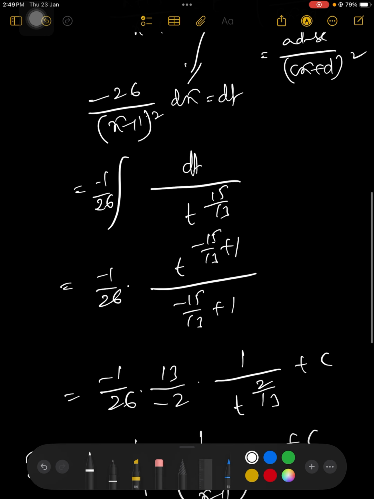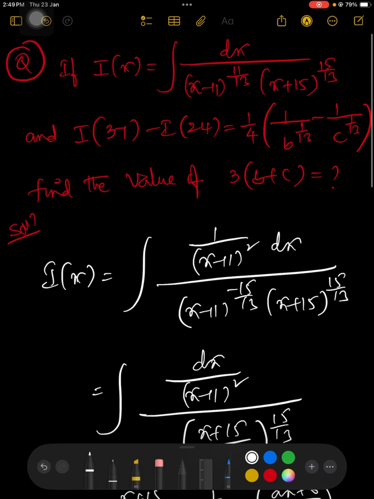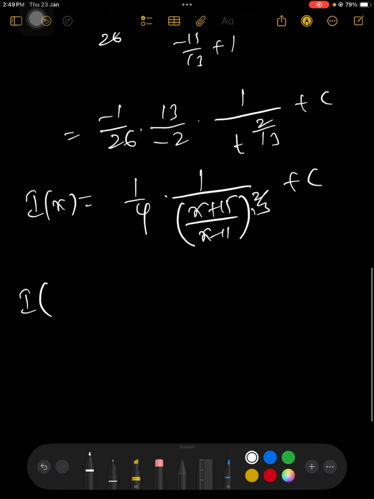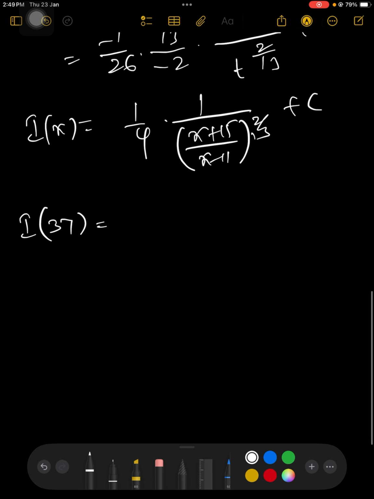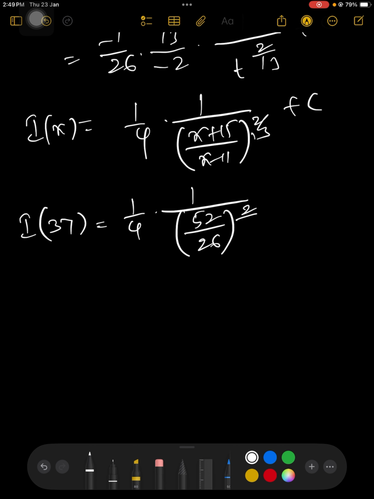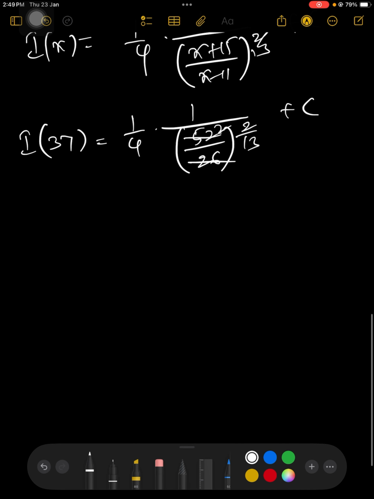Now from this we need to solve I of 37 minus I of 24. I of 37 is 1/4 into 1 by ((37 + 15)/(37 − 11)) whole power 2/13 plus c. 52 by 26, that is 2, so it is 1/4 into 1 by 4 power 1/13 plus c.